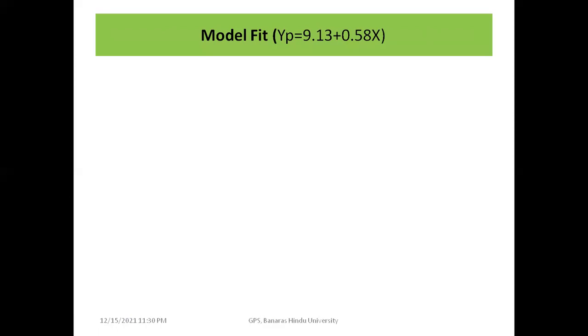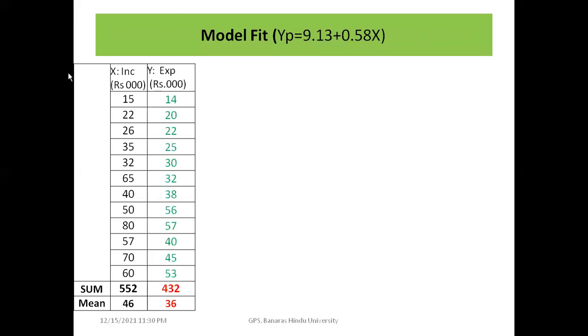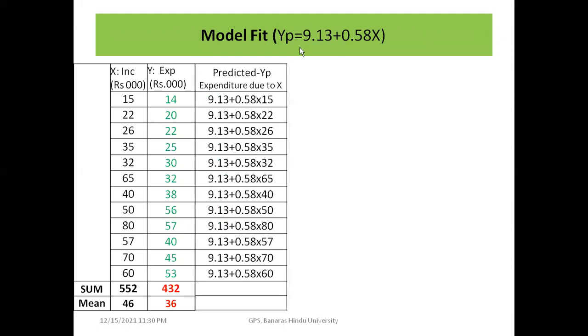So we check the model fit. This was my X, this was my Y, the original data set. Let us take the income of this person. The expenditure of this person was rupees 14,000 and income was 15,000. Let us put the income in this model in place of X: X equals 15, and solve.